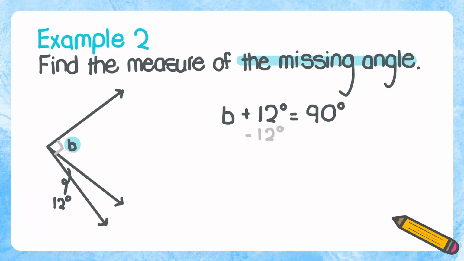And I subtract 12 degrees on both sides to solve for B. This cancels out, and B equals 78 degrees because 90 minus 12 is 78. The missing angle measure here is 78 degrees.